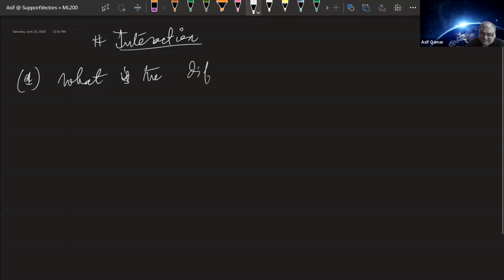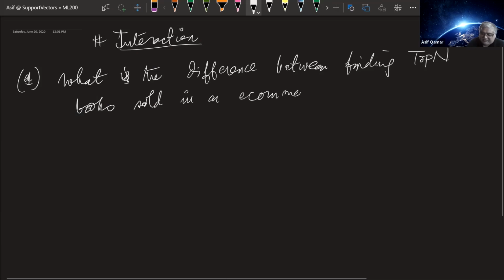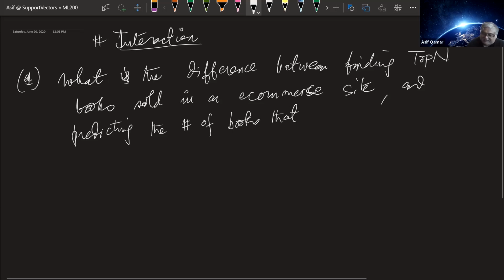What is the difference between finding the top N books sold in an e-commerce site, and predicting the number of books that will be sold tomorrow?